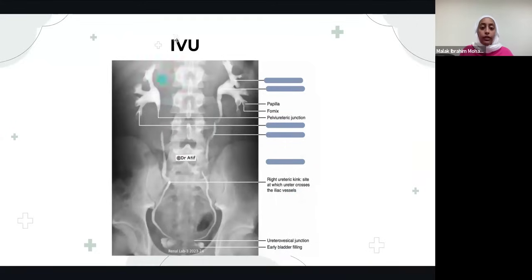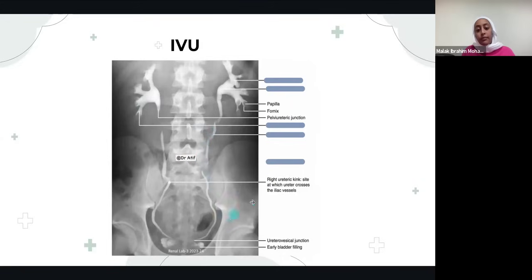Now I'll be describing those parts. We start here with the minor calyx, and you definitely know the gross anatomy from the previous part. This is the minor calyx, and they all join together here in the major calyx. This is going to be the pelvis, and this part is going to be the ureter.